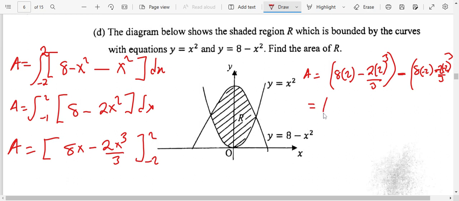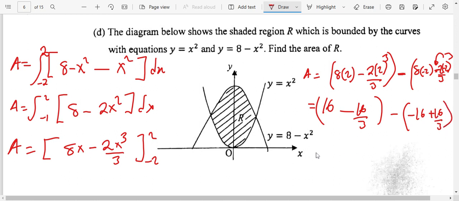So 8 times 2, that is a 16, minus 2 cubed, that is 8 times 2, 16 over 3, and then minus 8 times negative 2, negative 16. Okay, negative 2 to the power 3, that's negative 8, times this negative 2, that will be positive 16 over 3.